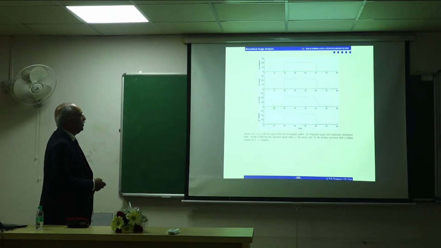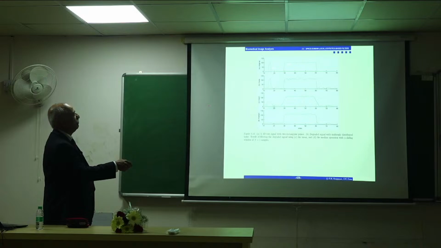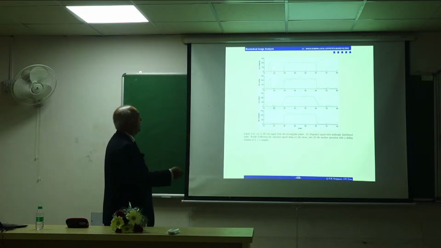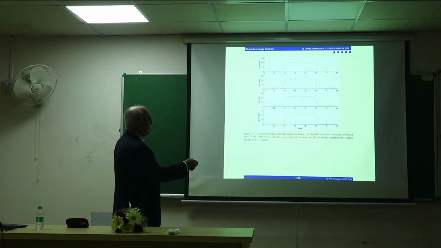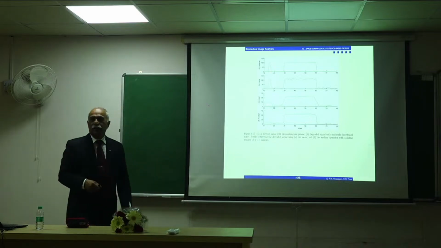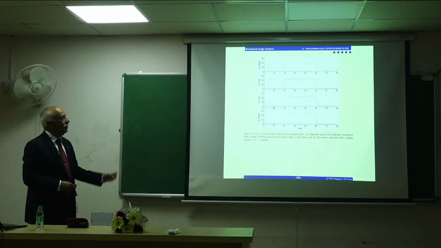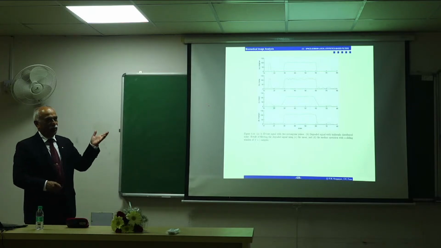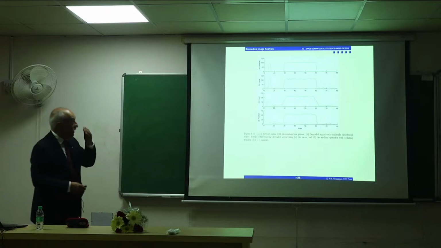But here we have uniformly distributed noise. The original has a small rectangle and a big rectangle, with uniformly distributed noise added. Here are the mean filter and the median. The median filter has suppressed this small pulse. Was that a pulse of interest or was that noise? I cannot tell.